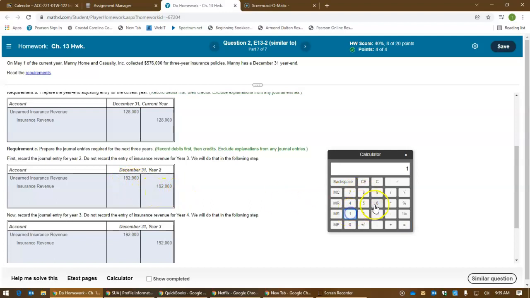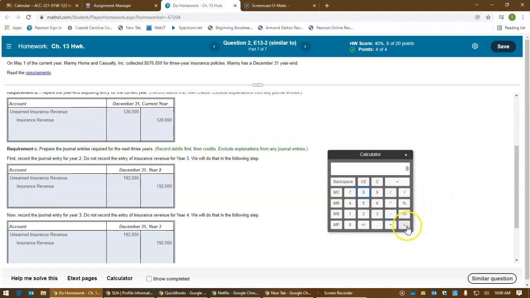So 16,000 times 12 months, 192,000 for year 2 and 192,000 for year 3. Because remember, the total insurance coverage was 36 months. Okay, we had, I'm going to subtract 8.